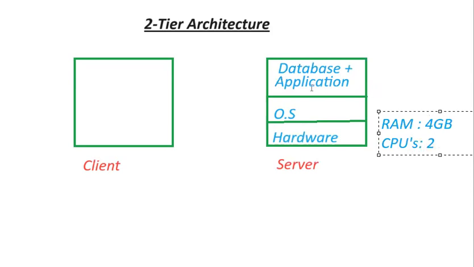The application uses a bit of RAM and CPU, and similarly the database uses whatever amount of CPU and RAM is left. The machine shares its resources in this way, where the application uses some capacity and the database also holds some capacity of RAM and CPU.